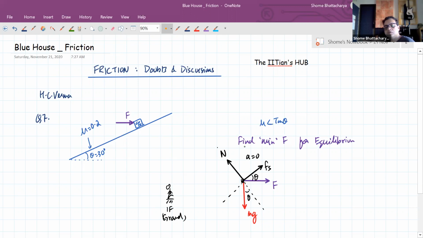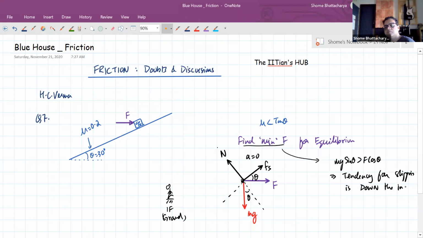So for this condition, mg sine theta is greater than f cos theta. So tendency for slipping is down the incline. Hence friction is acting like this. Okay.